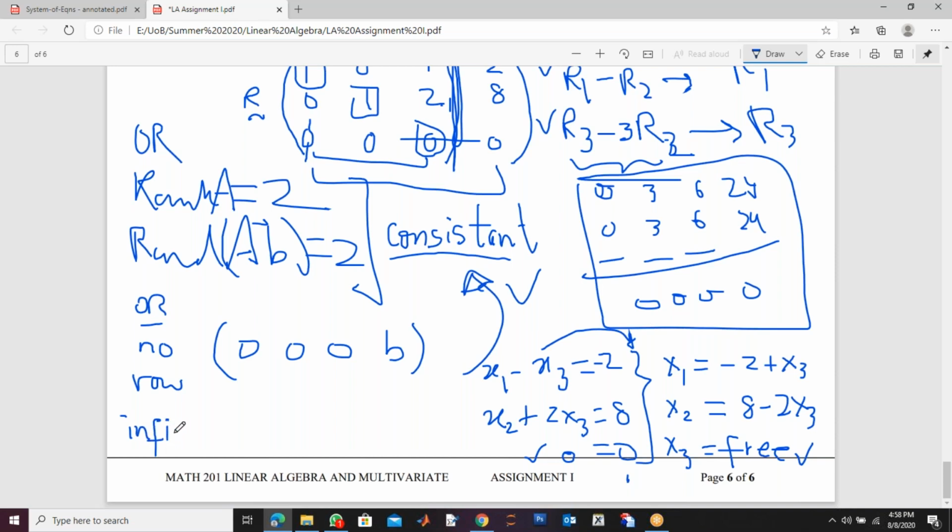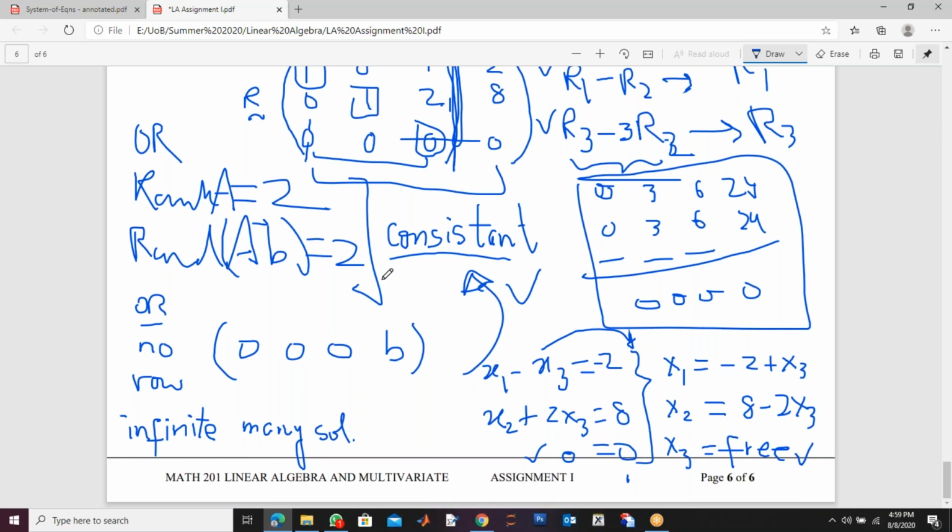So it means if the rank of the augmented matrix is less than the number of rows, then you will get infinitely many solutions. You see, the rank of the augmented matrix is 2, which is less than the number of rows. Number of rows are 3.